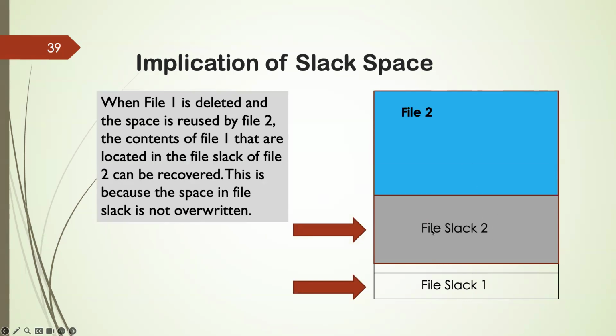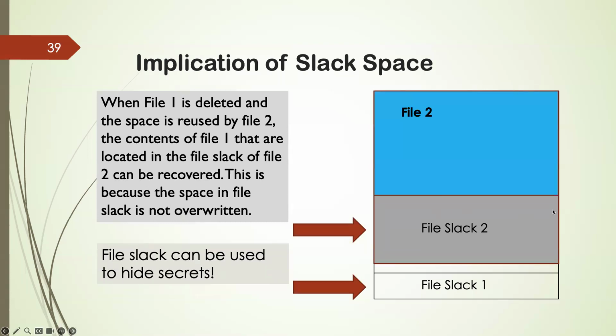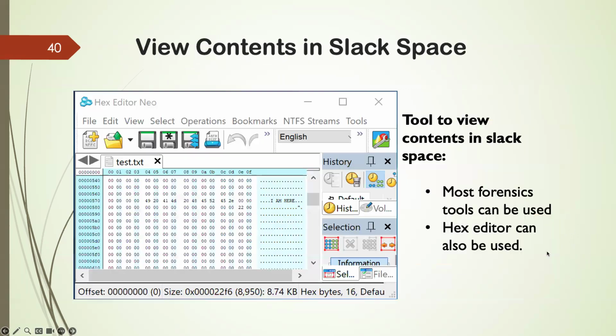If we copy this whole cluster byte by byte, we will see that it contains the data from file number 2, and it also contains the data of the deleted file that is still lying in the file slack. So if you look into this portion of the data, you will see information of the deleted files.